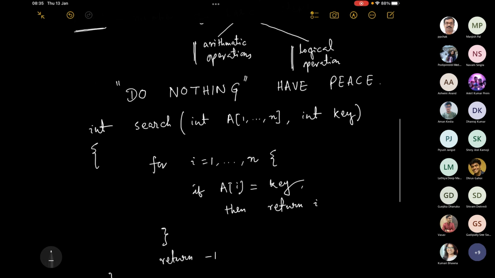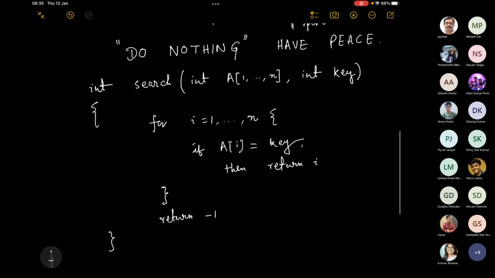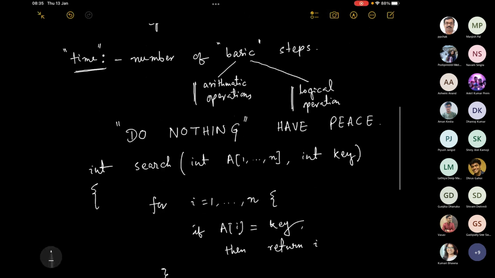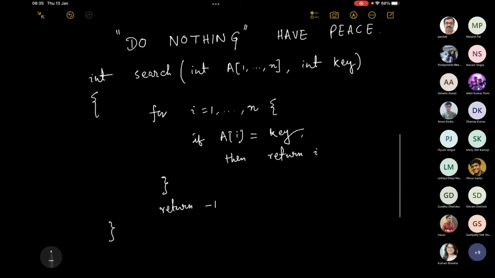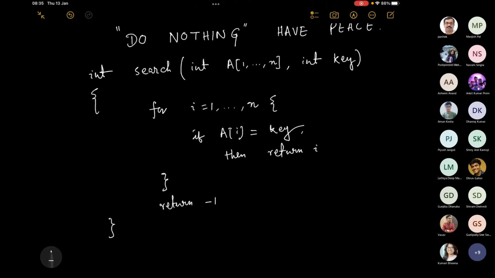So what do you mean by basic? We need to generalize this and make it machine independent, because machines will keep changing with time. The basic operations that we define are at the pseudocode level. Of course you can dig into it, but there is no need to.